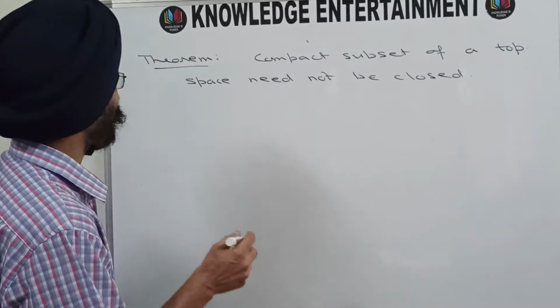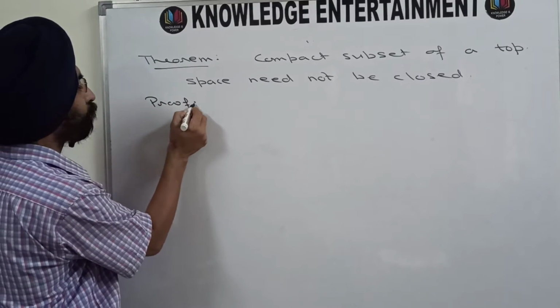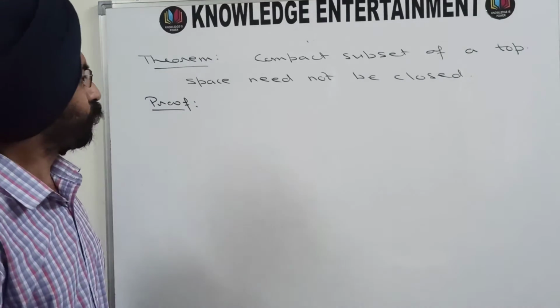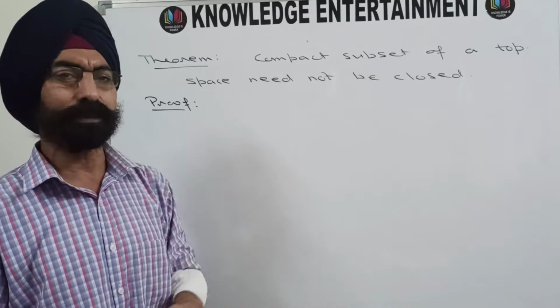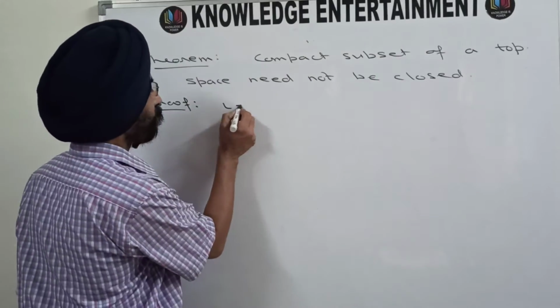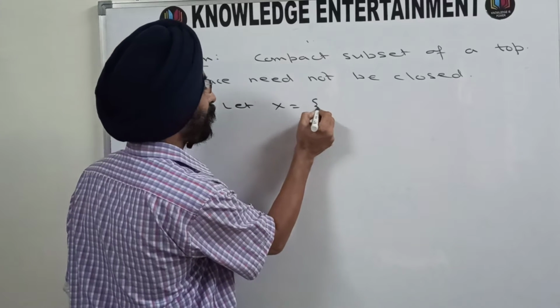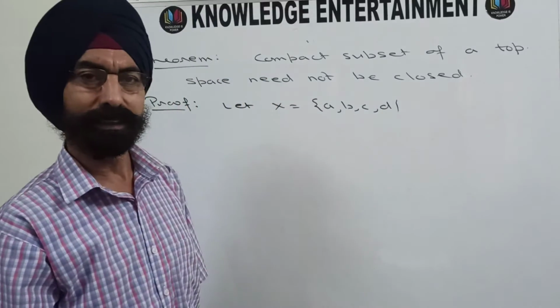So I'm giving here an example of a topological space in which there will be a compact subset which will not be closed. Let X be the set {a, b, c, d}.